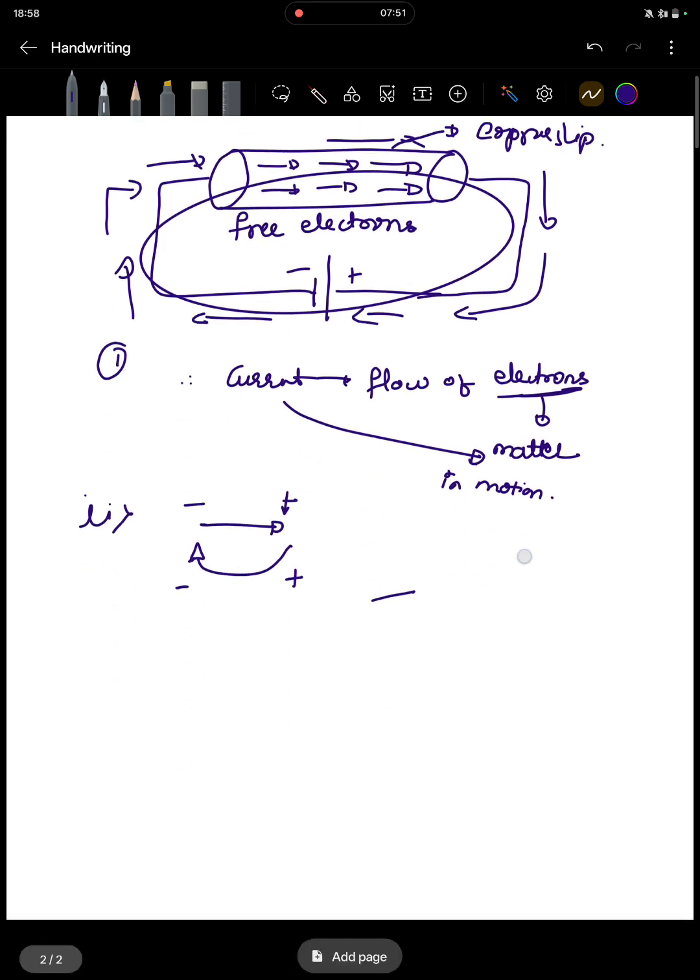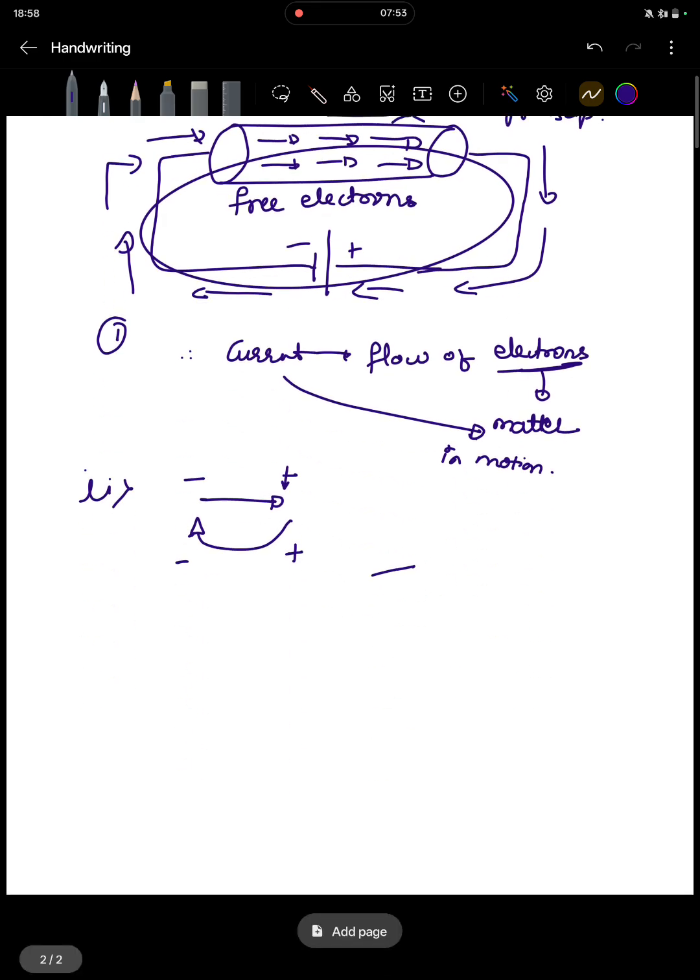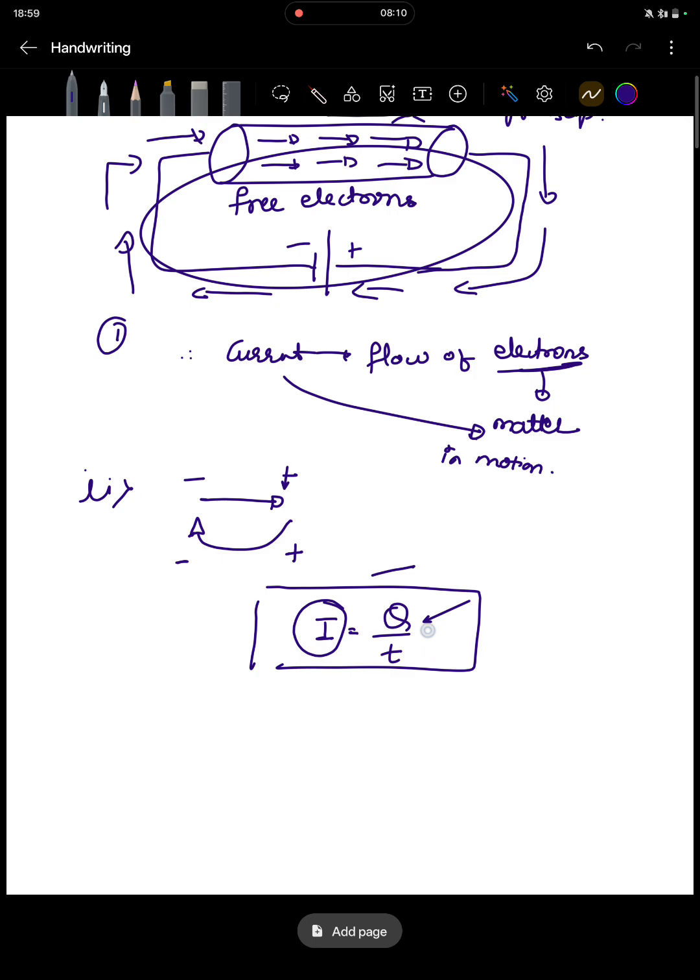So what is the unit of current here? I represent current by I. It is charge divided by time. The strength of electric current I is the rate of flow of charge, that is, charge per second.